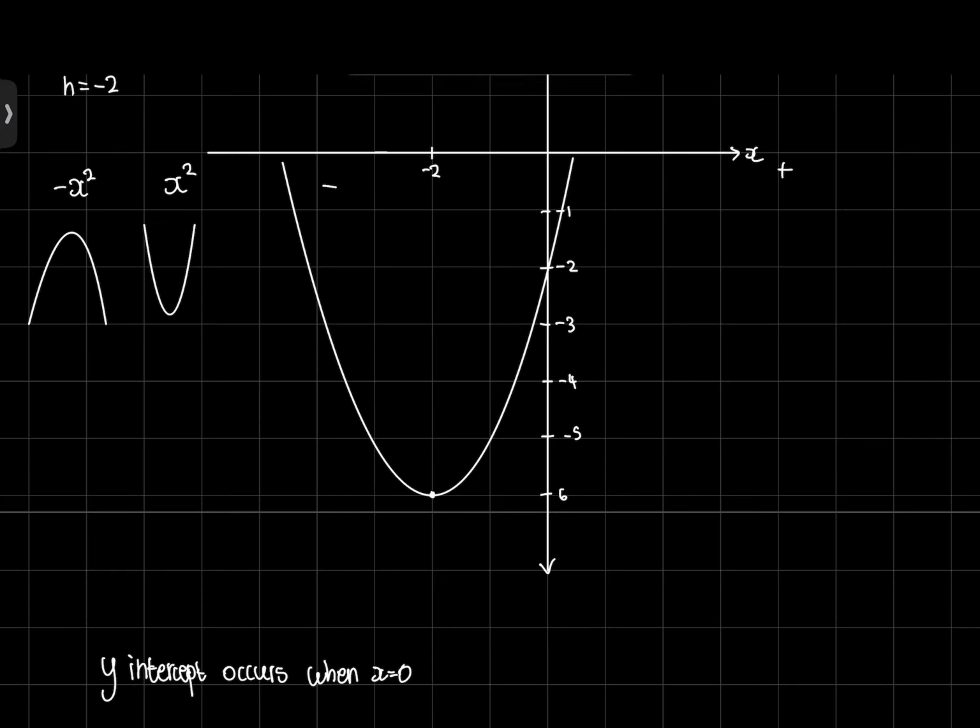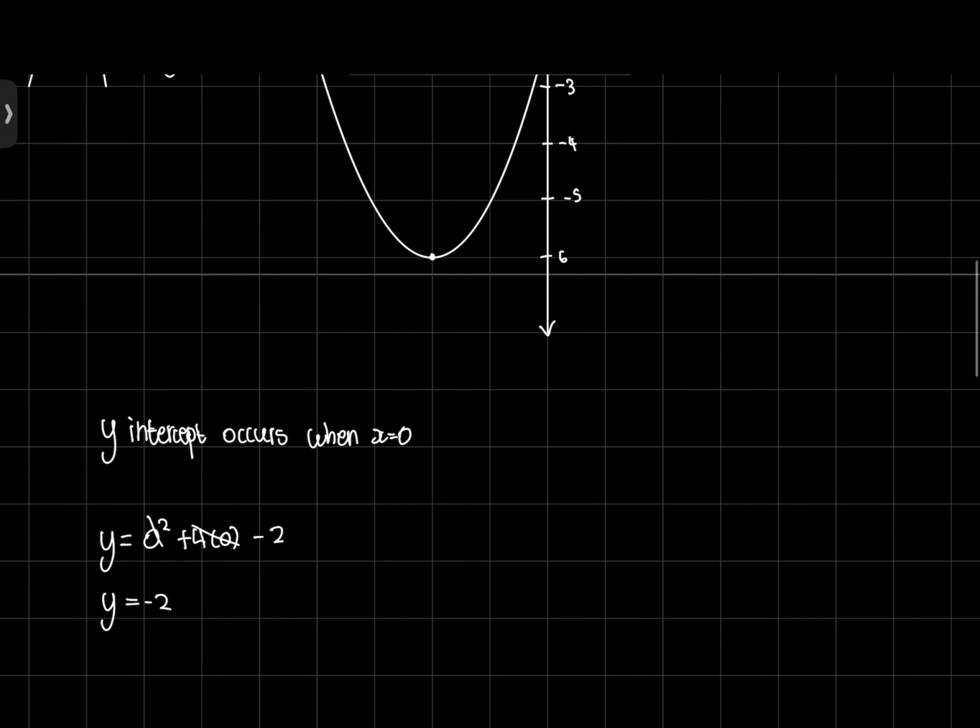So that's how you sketch a quadratic graph. For an exam, I'd like to give you some steps on how to do it. One, you want to find the turning point. Two, the second step, I want you to find your y-intercept.